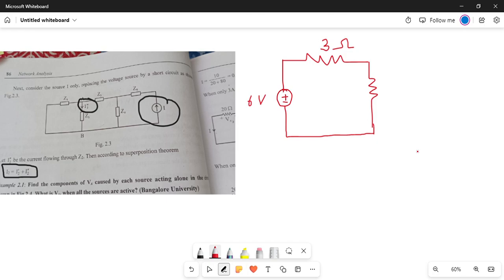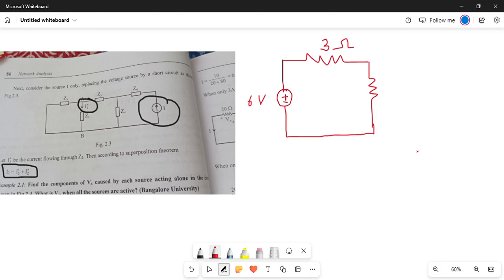It is caused due to the independent sources acting alone, by keeping all the other independent sources as open circuit or short circuit, right? That is what you are supposed to do. I will explain it clearly here, so you will understand it in a better manner, right?